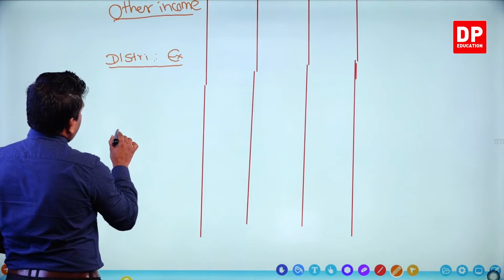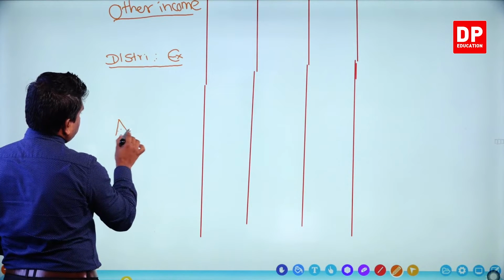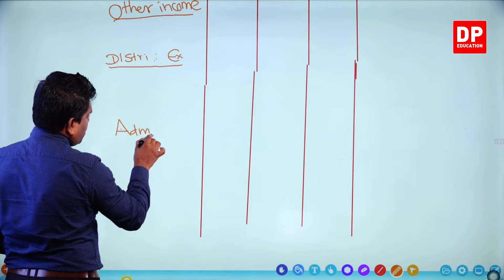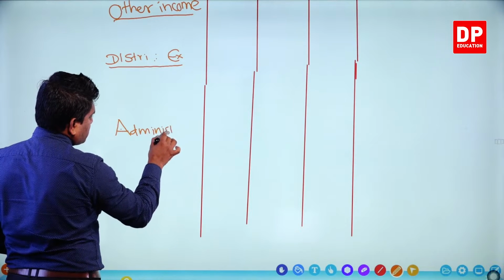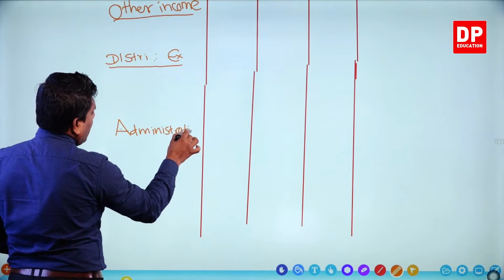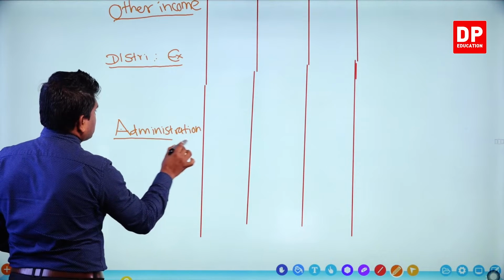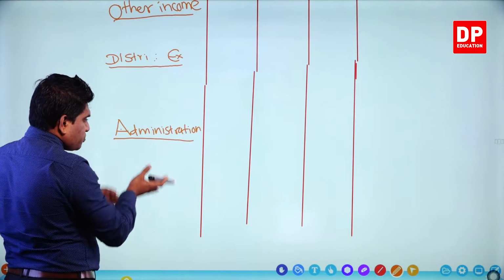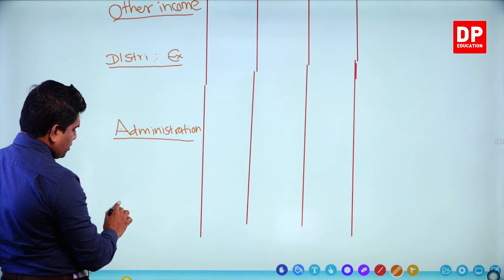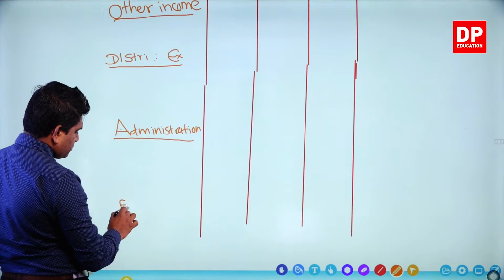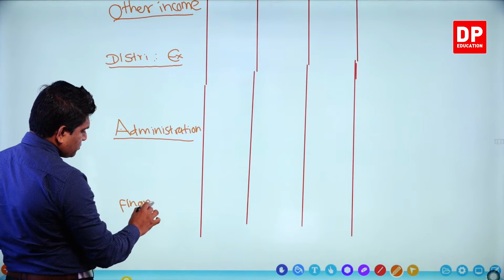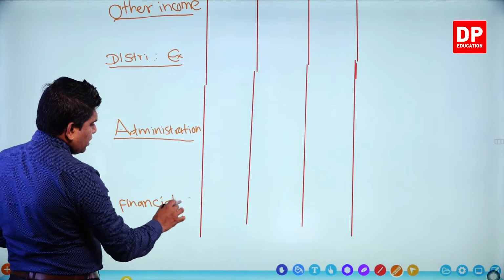Then after that administration expense. Then you can count how many expenses are given in this question. You give the space here. Then financial expense.